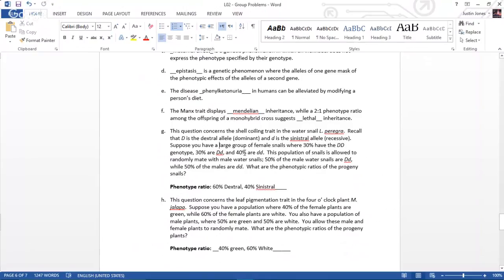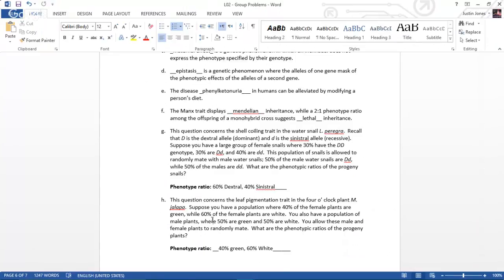So the moms have these following genotypes. And so effectively, as long as there is one dominant in the mother, the child will have the dextral, or right-handed, I think it was. And then there's 40% with the other one, which is the sinistral. I think it's left-handed, which is opposite. And so that's how you figure out that one.